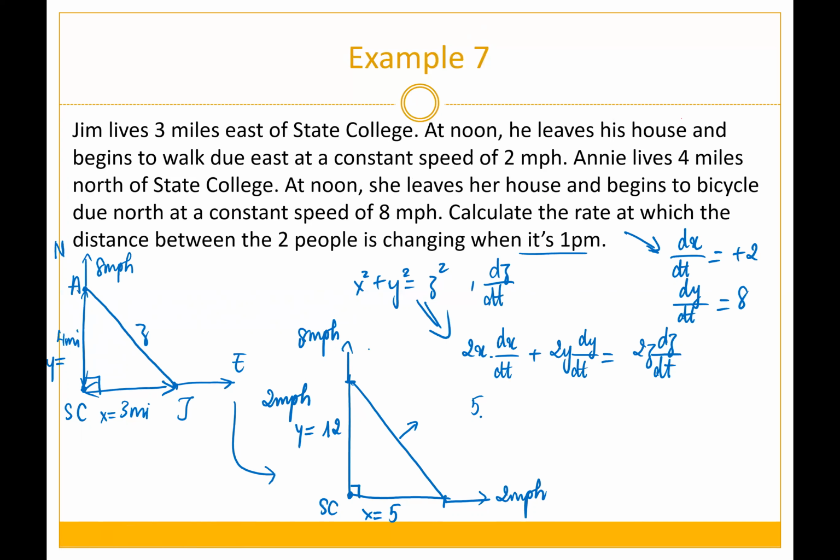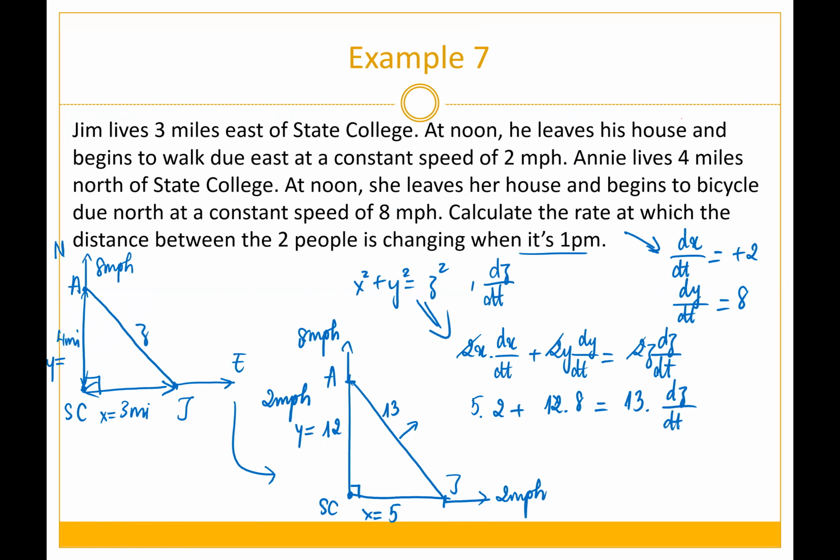Again, it's increasing the distance between Annie and Jimmy and State College. Therefore, we have 5 multiplied by 2, plus 12 multiplied by 8, and this one's going to have z. You can easily use the Pythagorean theorem to find z, and I got 13, multiplied by dz over dt.